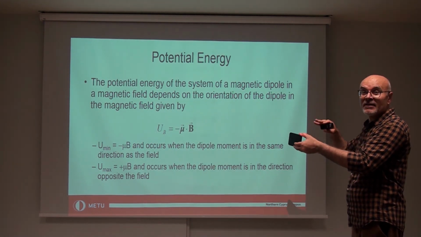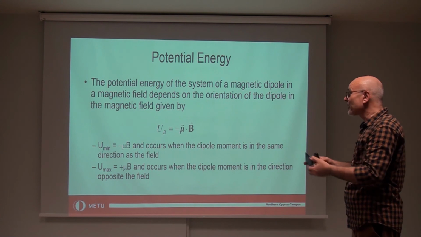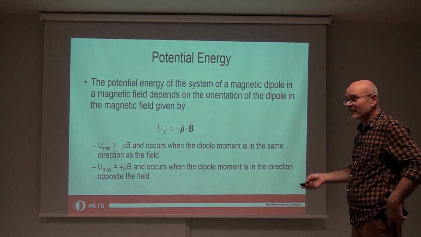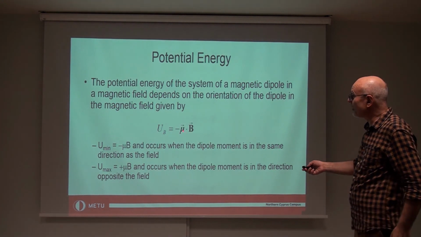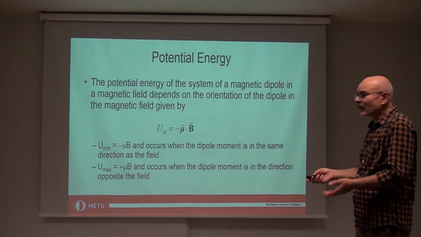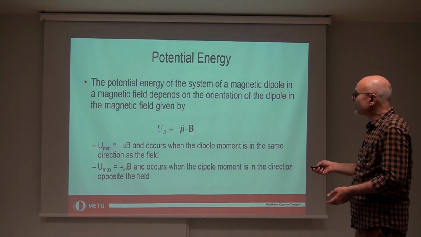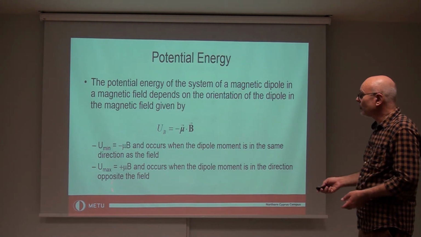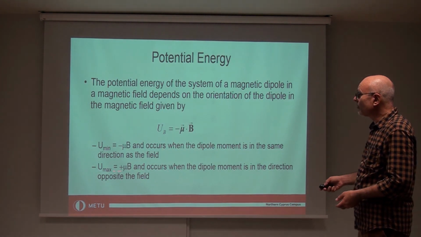This is the stable equilibrium position. It is maximum when they are opposite, because mu dot B is mu B cosine theta, so it is maximum when theta equals pi, where B is opposite to mu, and the energy is plus mu B.